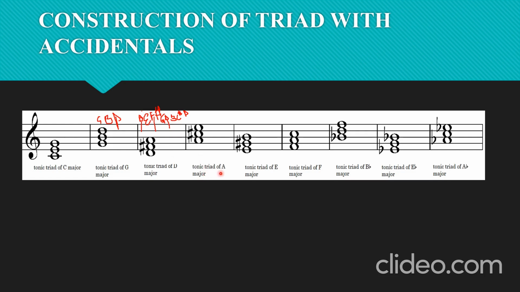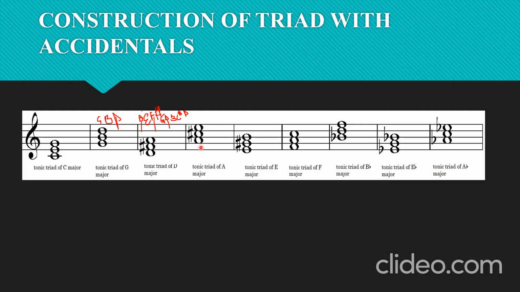Tonic triad of A major. If you write the scale of A major, don't forget to put a sharp on F, C, and G. So the scale of A major will be A, B, C sharp, D, E, F sharp, G sharp, A. Did you hear that? That will be the scale of A major.